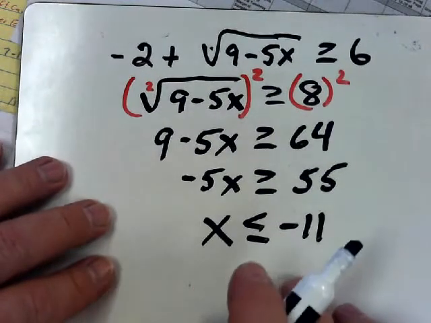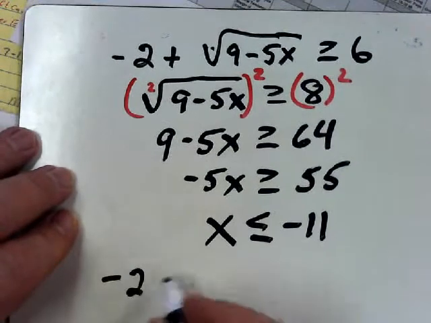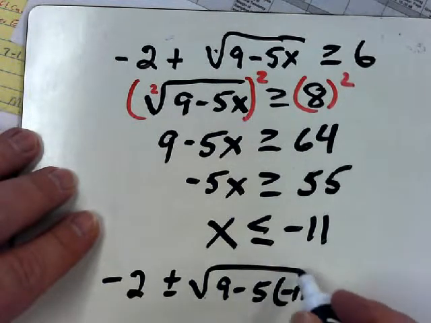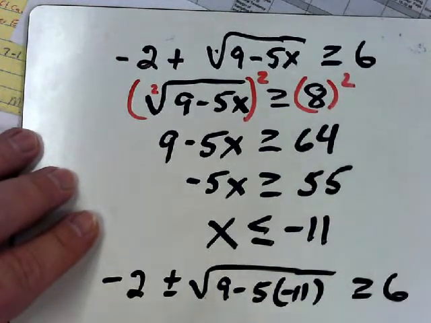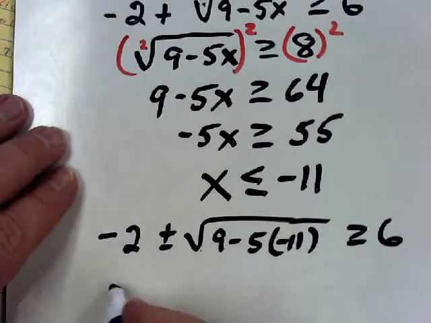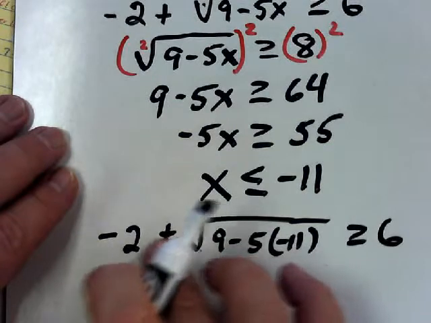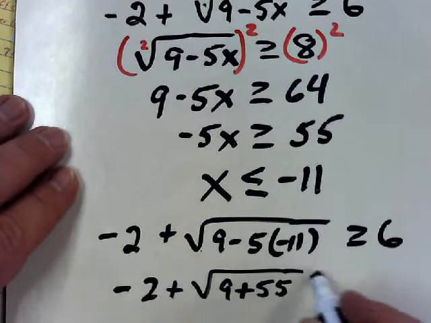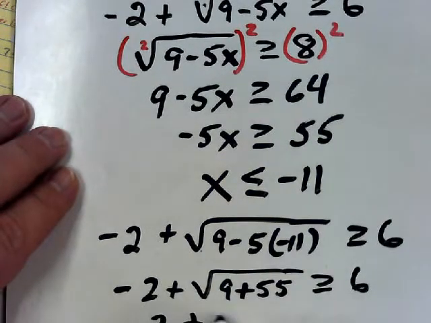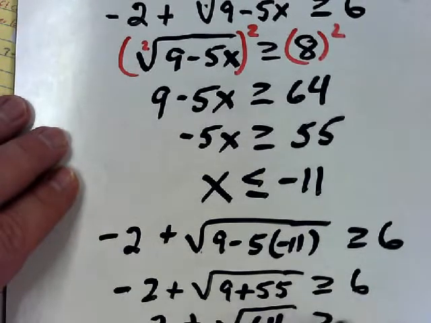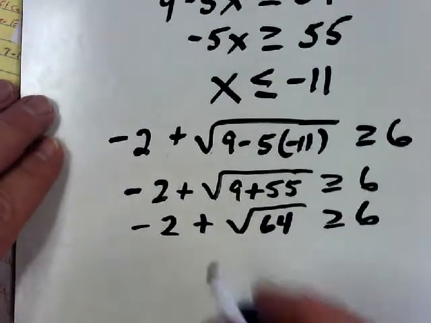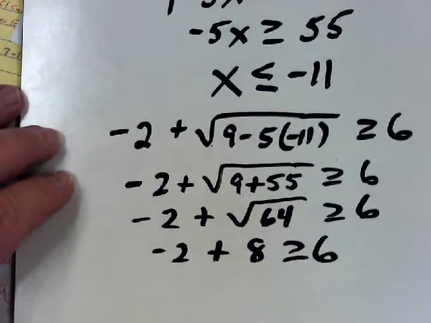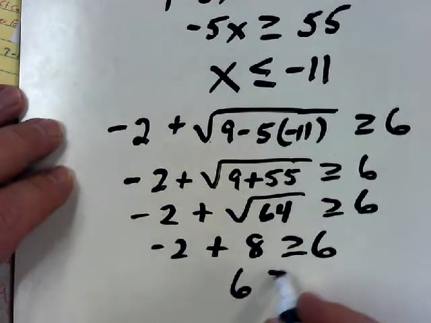If I happen to put that back in, and have a -2 plus the square root of 9 plus 55 is greater than or equal to 6, so -2 plus the square root of 64 is greater than or equal to 6. -2 plus 8 is 6, which is greater than or equal to 6.